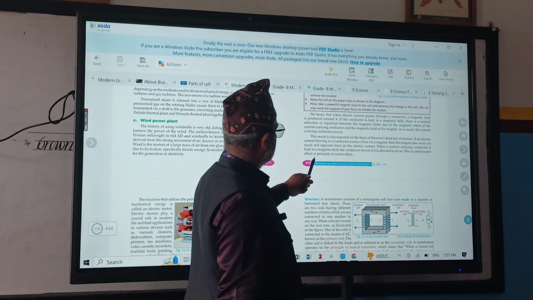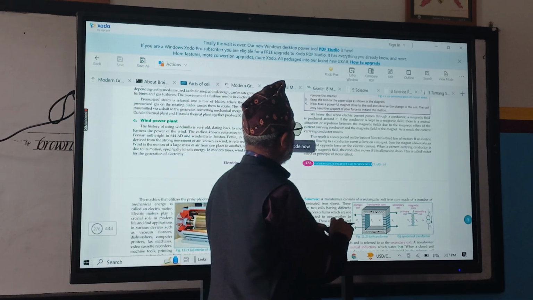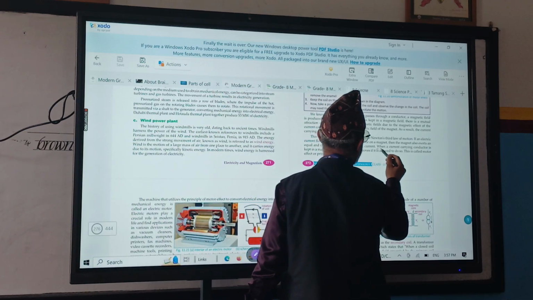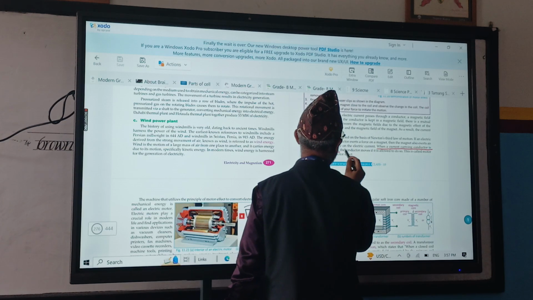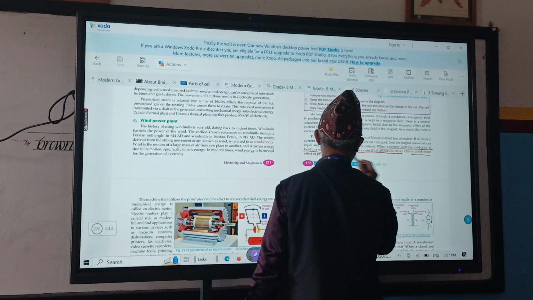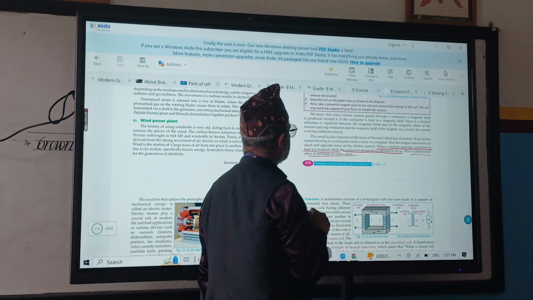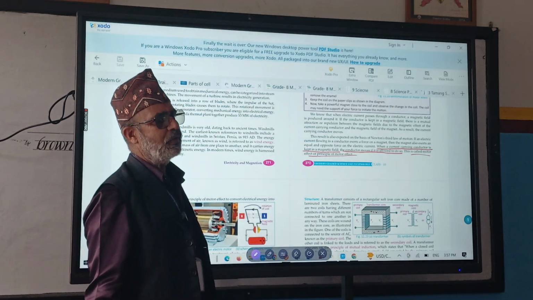Yes. Here is the motor effect. Check here. When a current carrying conductor is kept in a magnetic field, the conductor moves if it is allowed to do so. This is called the principle of motor effect, or simply motor effect.